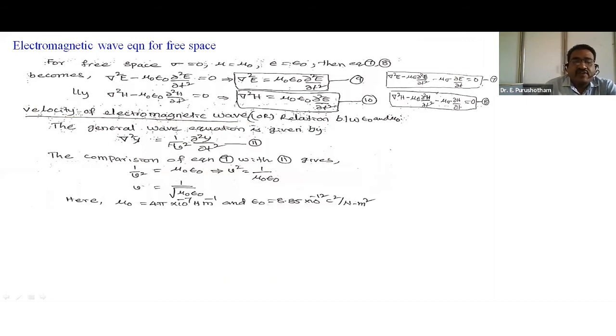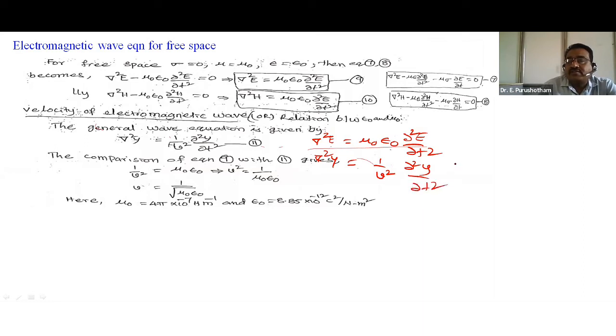So the general wave equation is del square y is equal to 1 by v square dou square y by dou t square. This equation 11 is compared with 9 or 10: del square E is equal to mu naught epsilon naught dou square E by dou t square. These two are similar to each other, left side also similar to each other.